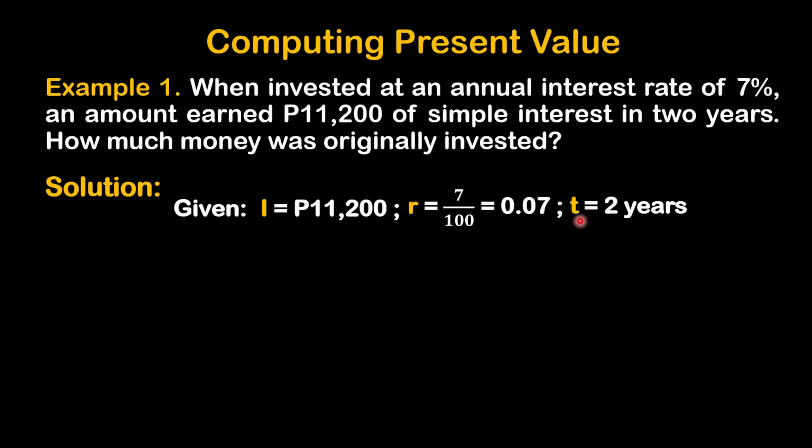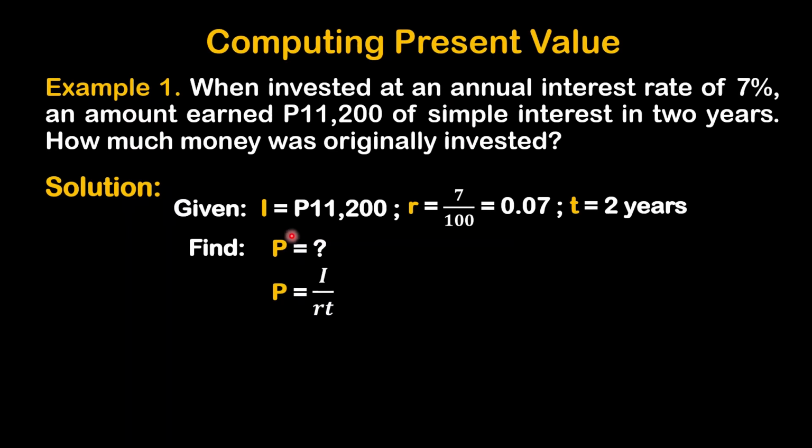Now, since we have the needed information to solve for the principal amount, the interest, the rate, and the time, we can now solve for P. The formula we will use here is P is equal to interest over RT.